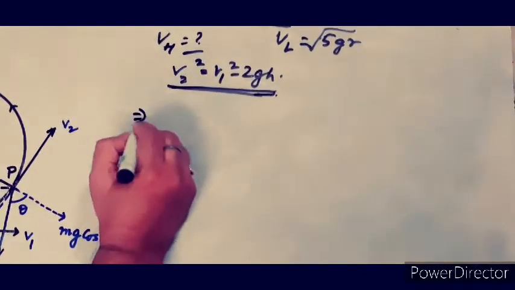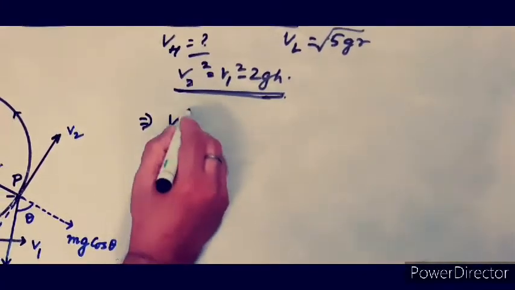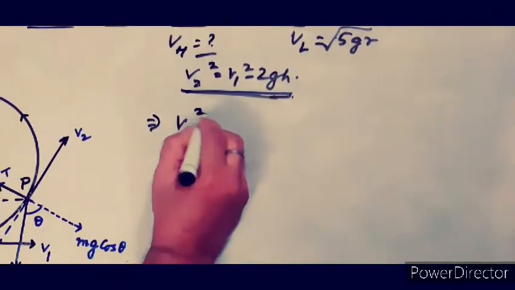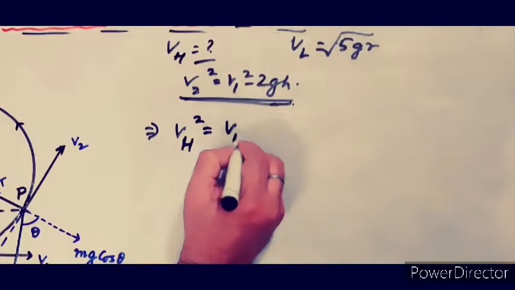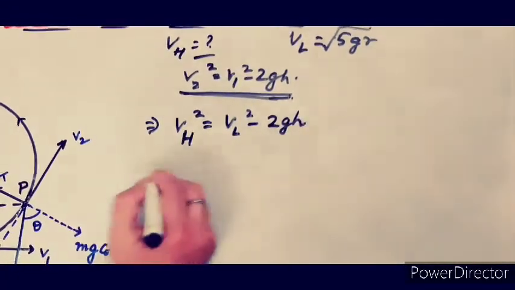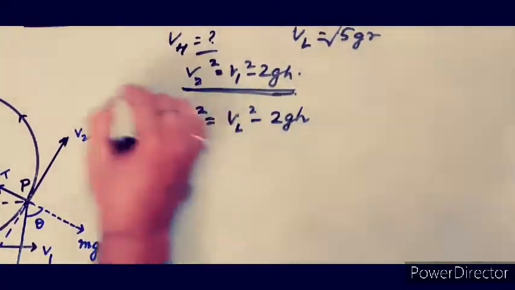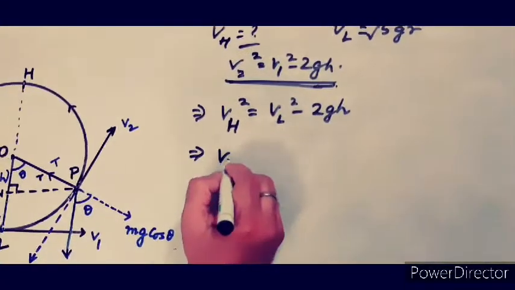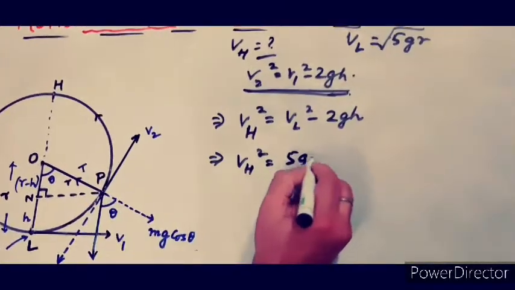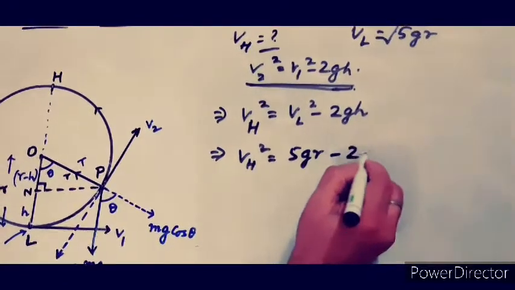So by using this, VH square is equal to VL square minus 2gh. At the highest point we are finding the speed. So VH square is equal to VL square, that is 5gr, minus 2g.